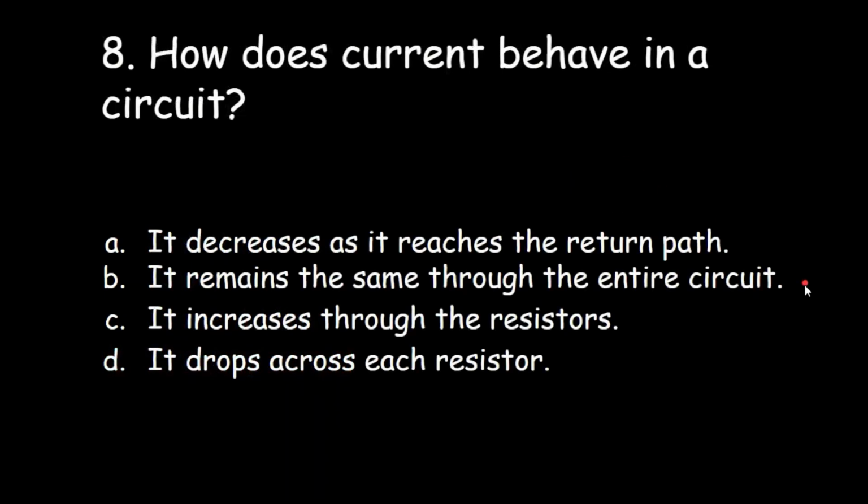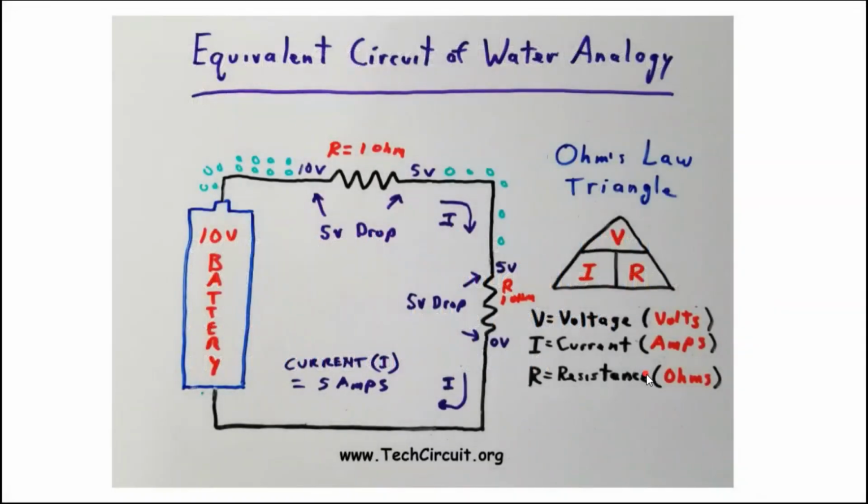Number 8, how does current behave in a circuit? It decreases as it reaches the return path. Or does it remain the same through the entire circuit? Does it increase through the resistors? Or does it drop across each resistor? Remember, current, as it flows through a circuit, remains the same through the entire circuit.